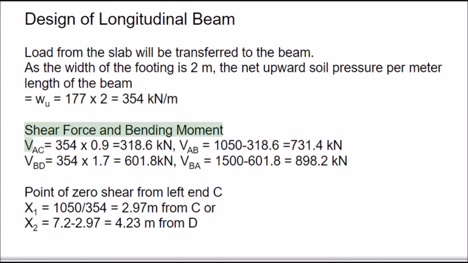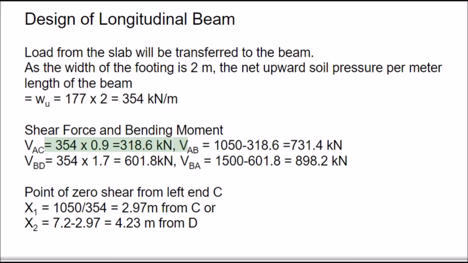Shear force and bending moment. VAC equals 354 x 0.9 equals 318.6 kN.